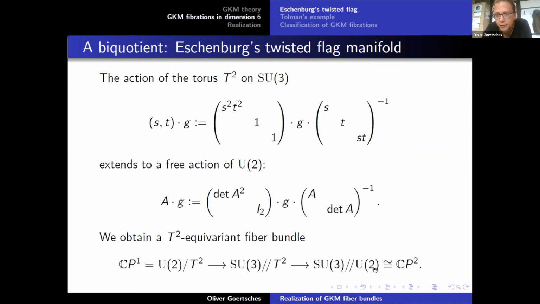How does one see that this thing on the right is CP2? You can first quotient by SU2. When you look at the SU2 sub-action here, this is just the standard SU2 action on the upper left. So you get S5, and then you have a residual circle action on this S5, which gives you CP2. So this is one thing this space has in common with the standard flag. Also the standard flag fibers as a CP1 bundle over CP2. But of course, it's a different one.